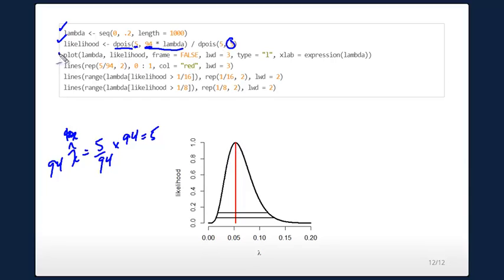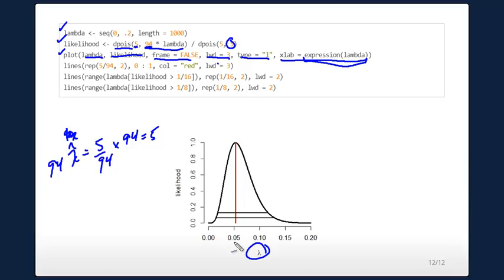Then I plot my lambda by my likelihood, and I don't like the frame around it, line width is 3, type equals L connects it in a line, and for my x label, if you type expression, it'll actually put the symbol lambda rather than the word lambda.